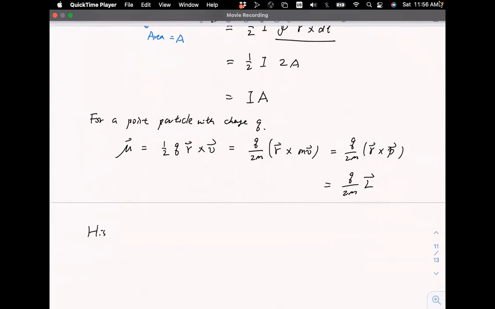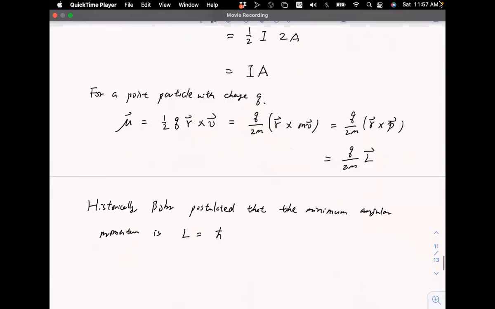So historically, Bohr's postulate says that the minimum angular momentum is L equal to h bar.